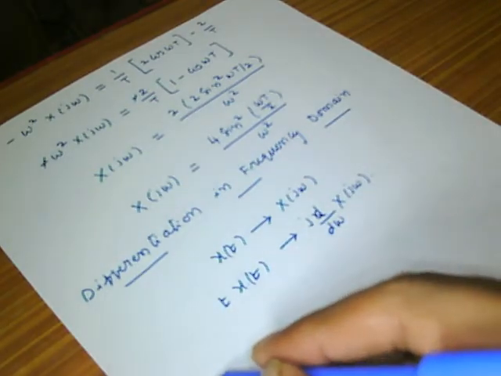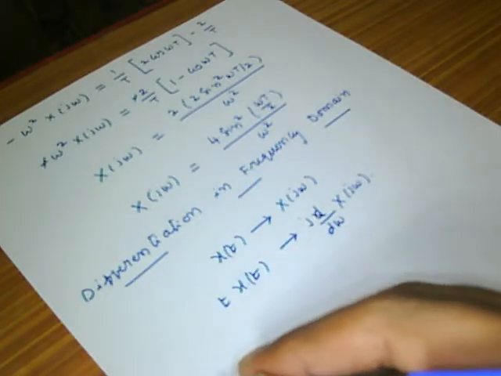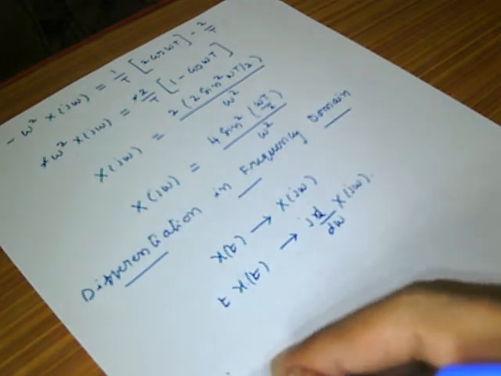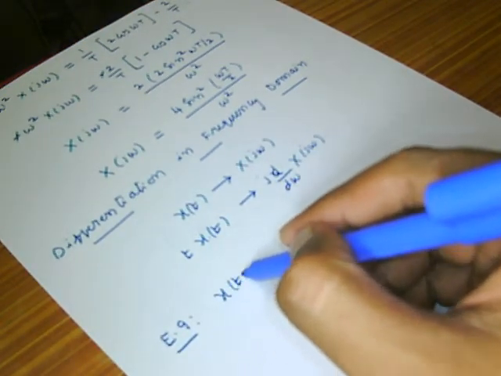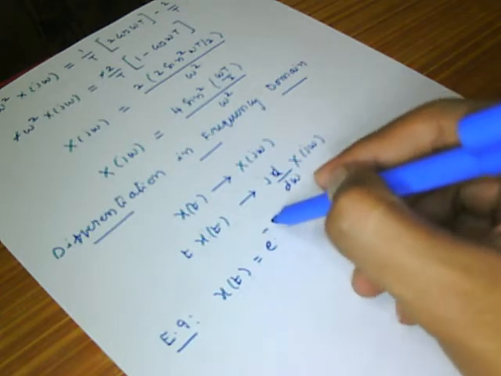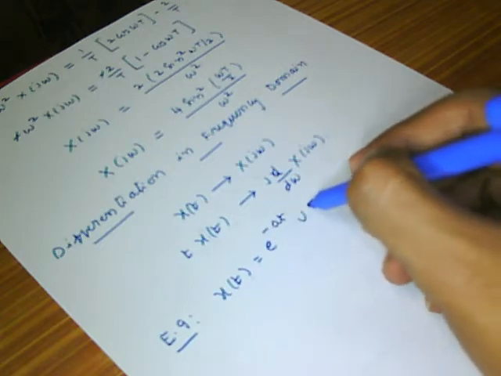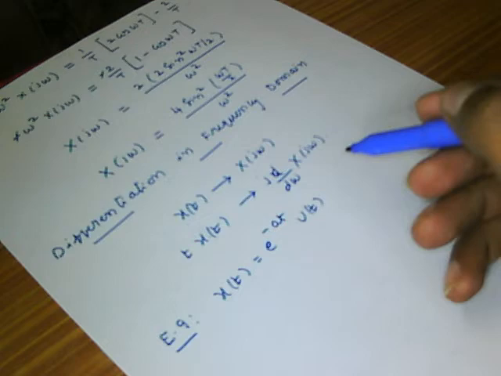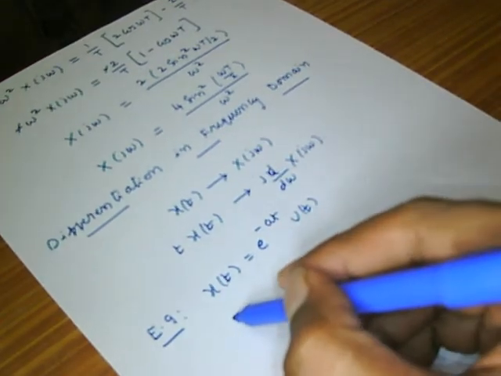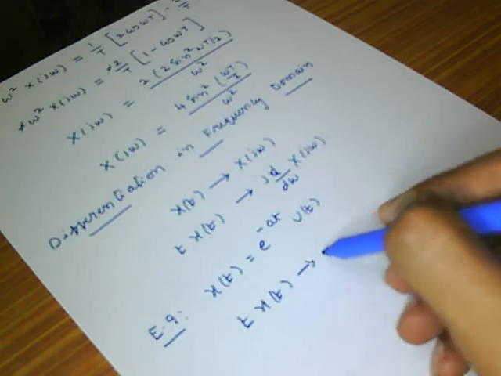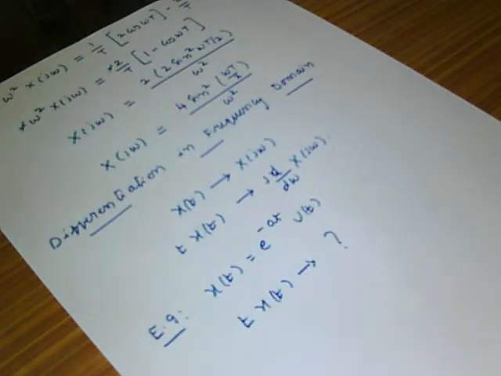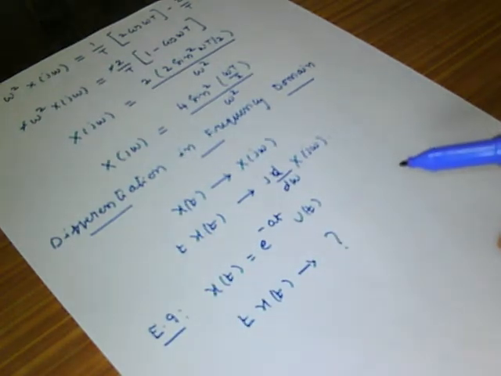Let us take x of t as e power minus at into u of t. I want to find the Fourier transform of t into x of t.